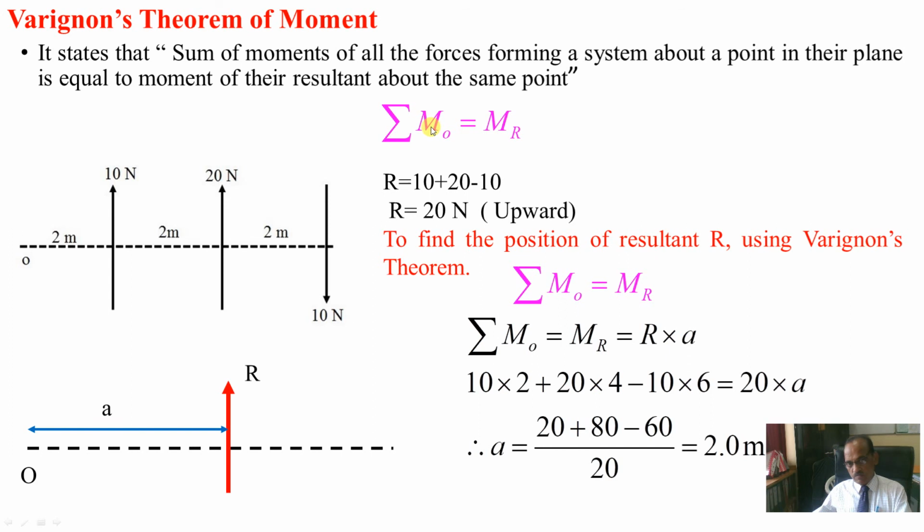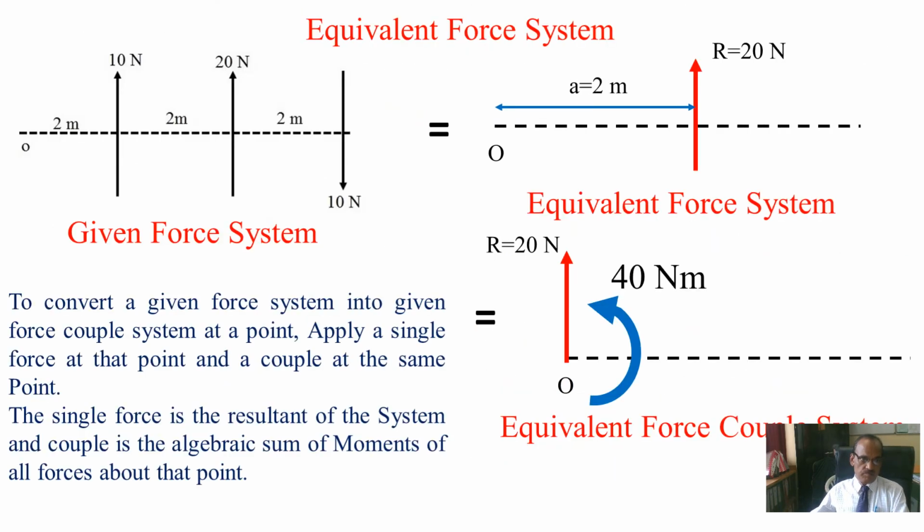The moment of all forces at a particular point will be equal to the moment of their resultant about the same point. This is Varignon's theorem. Now, the equivalent force system. You see, this force system is equal to what we have seen: the resultant lies at a distance of 2 meter.